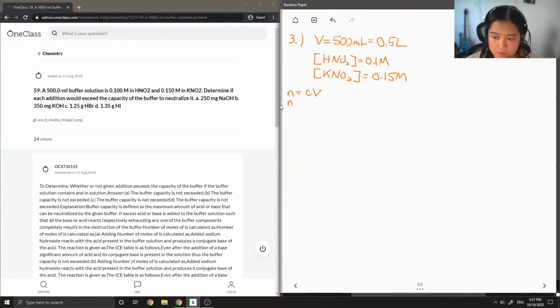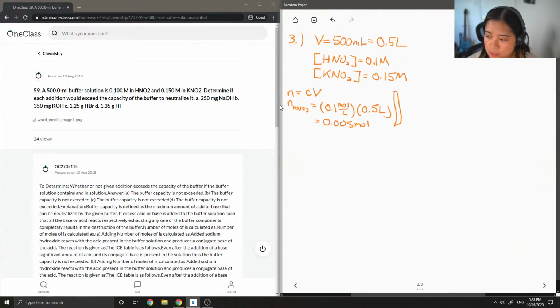So for the first one, let's do HNO2 first. Its concentration is 0.1 moles per liter, and then I'm going to multiply by 0.5 liters. And then you get a value that is equal to 0.05 moles.